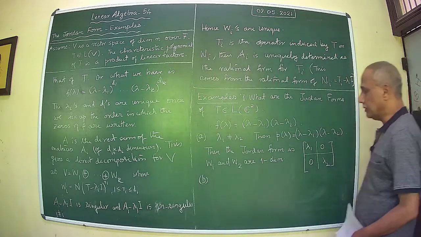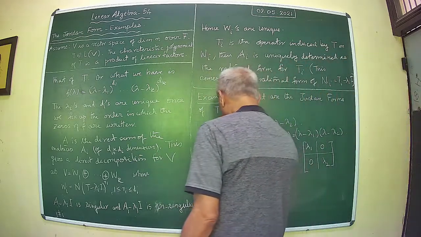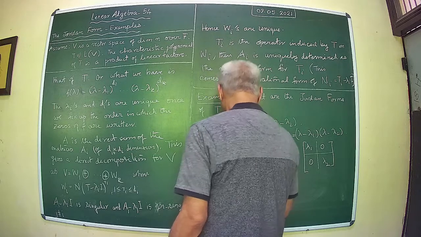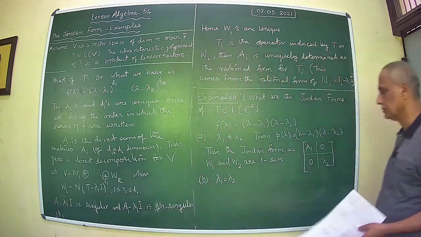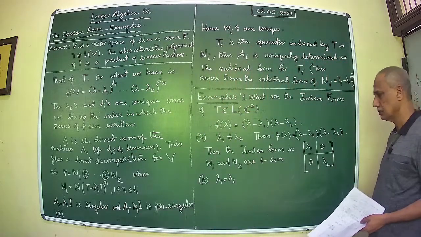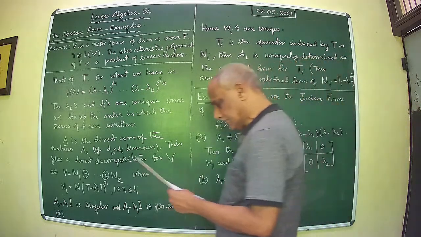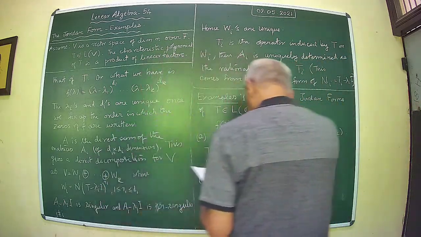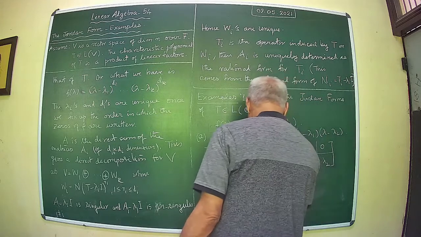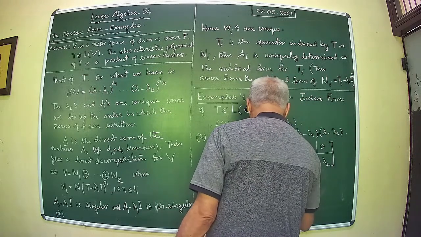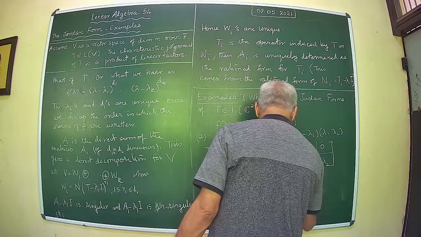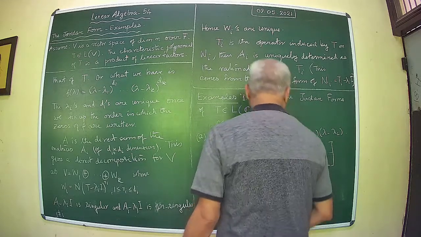The second possibility is that lambda 1 equals lambda 2. In this case, what happens? See, f lambda is a square.